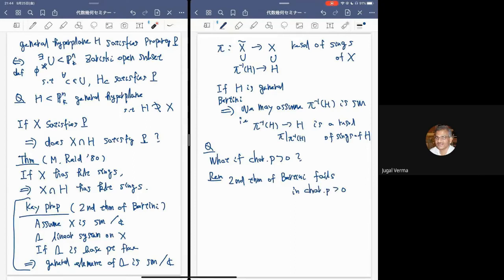So we cannot use the same argument as the argument of Miles Reid. We need a different idea.